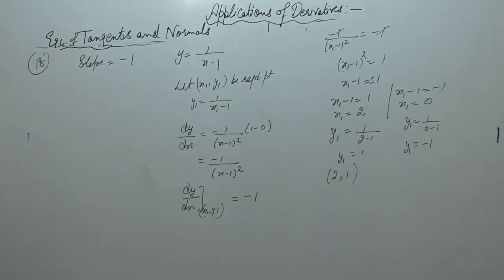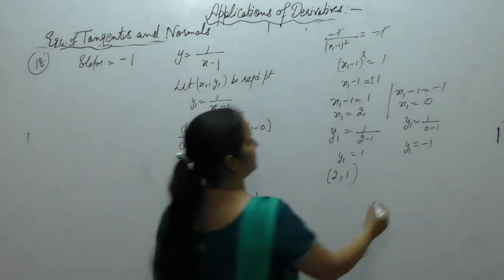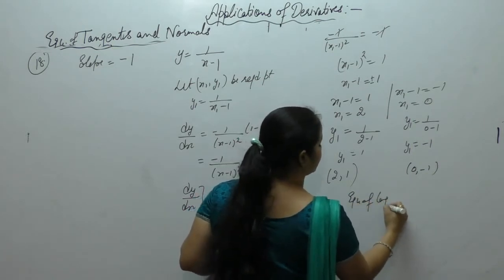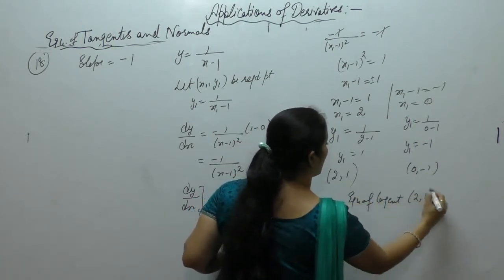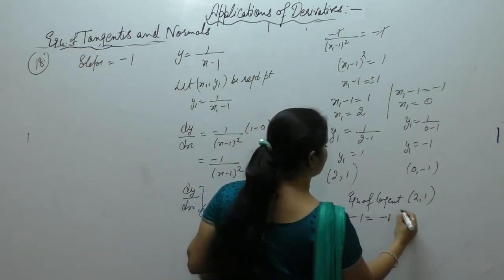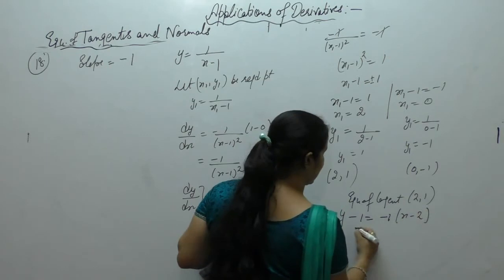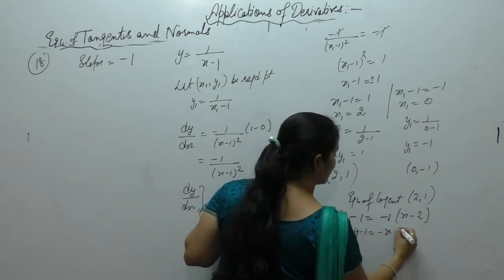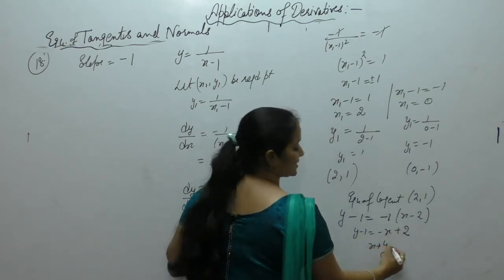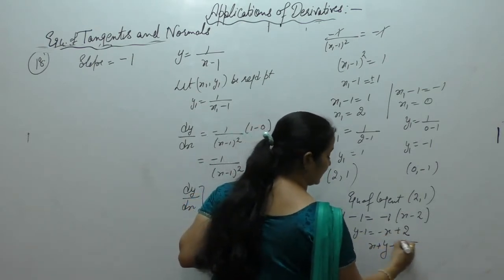Now what we want to find? Find the equation of all lines. Now equation of tangent when it passes through 2, 1. Y minus y naught, slope is given minus 1, x minus x naught, minus x minus minus plus 2, x plus y, minus 1 minus 2, minus 3.